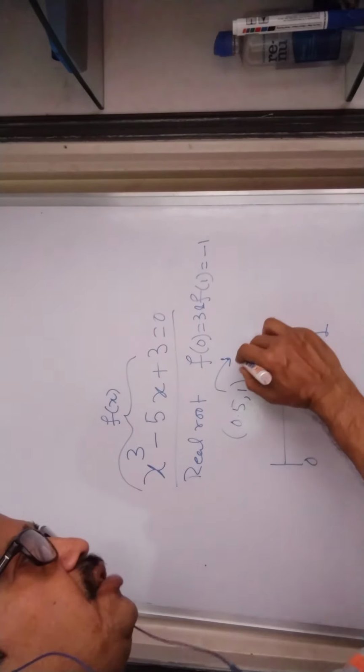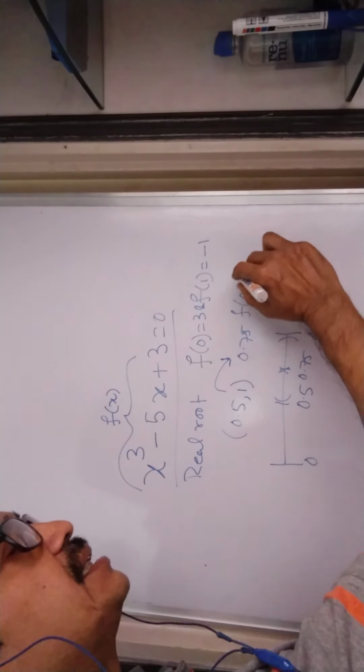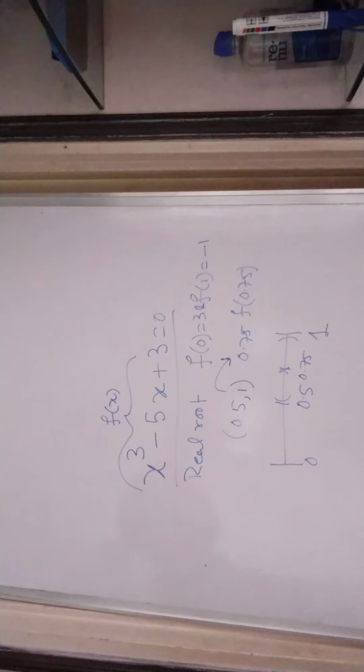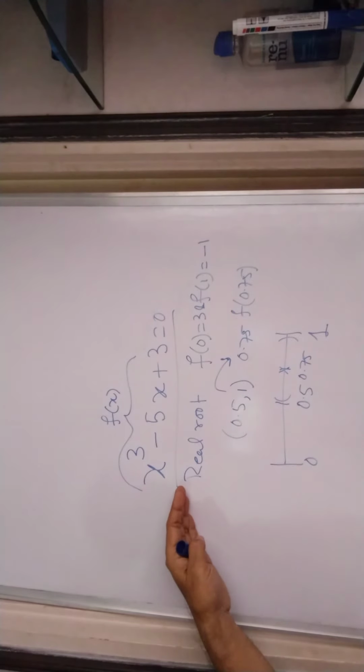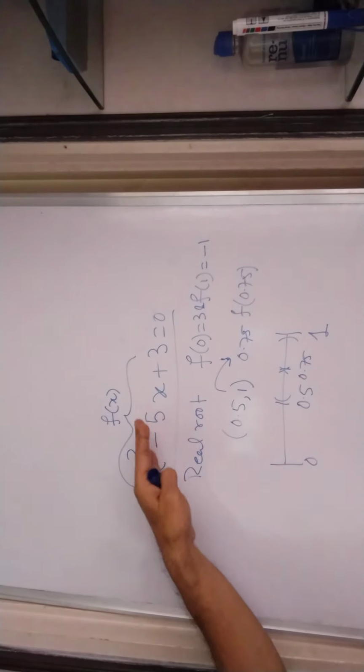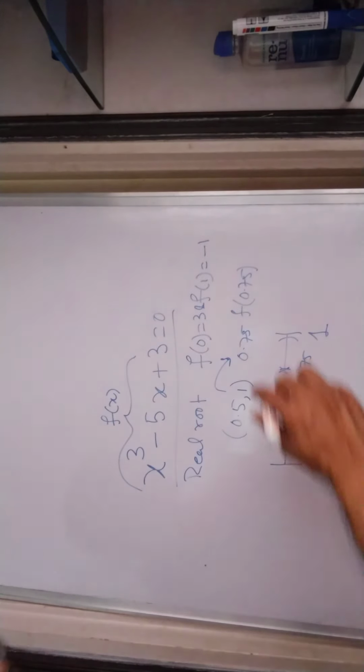So we intend to check the value of f at 0.75. 0.75 is actually nothing but 3 by 4, and if we put the values here, it is a bit laborious. 27 by 64 minus 15 by 4 plus 3, whatever it may be, it turns out to be negative.